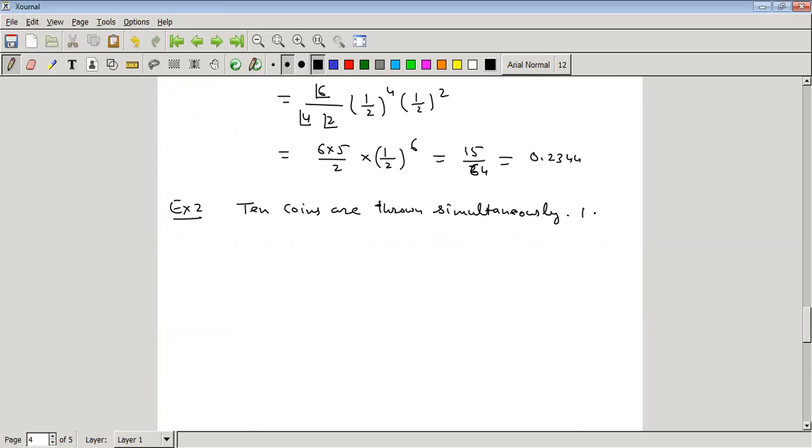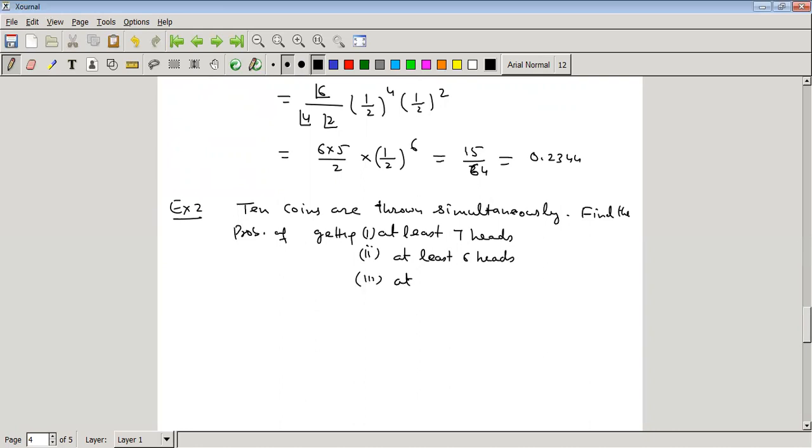Find the probability of getting: first part, at least 7 heads; second, at least 6 heads; third, at most 6 heads.